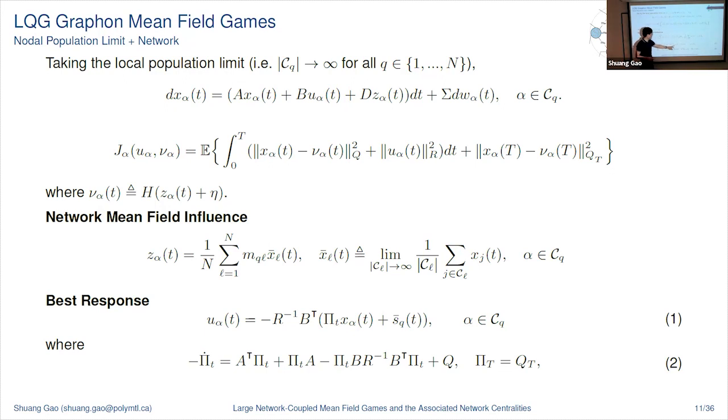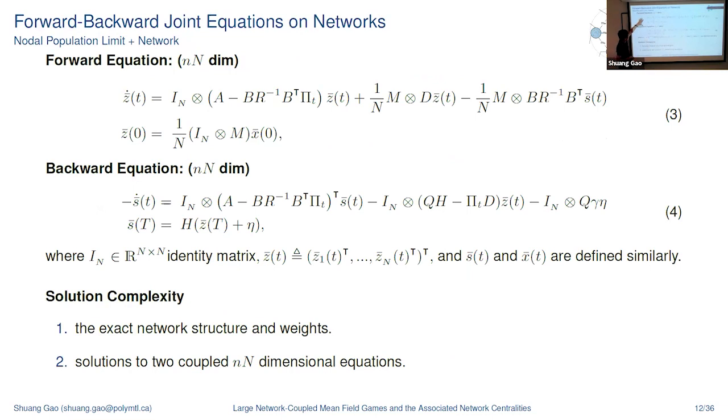You have your state here, and the state feedback in pi t is given by a Riccati equation, a matrix ODE with a second-order term on the right-hand side. And there is this Q bar T here, the external process that depends on the network mean field.